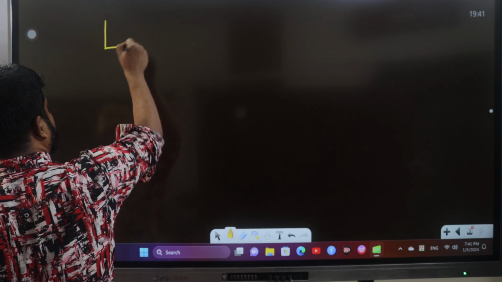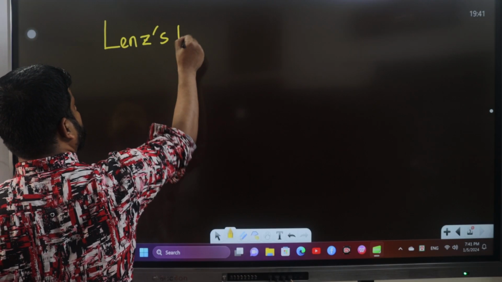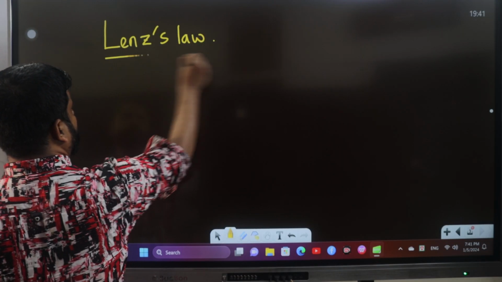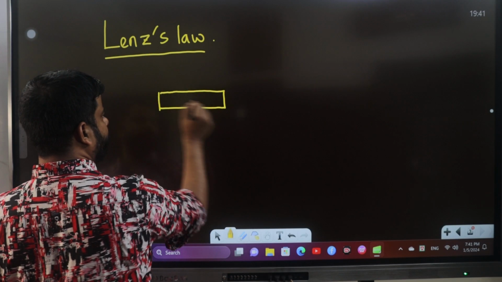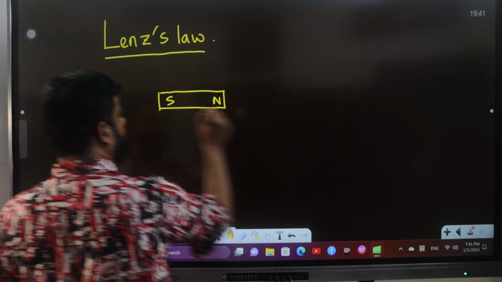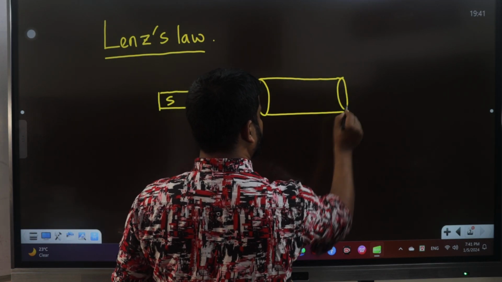Lenz's law states that, say there is a north pole, here it is south pole, and this one is the closed loop coil.